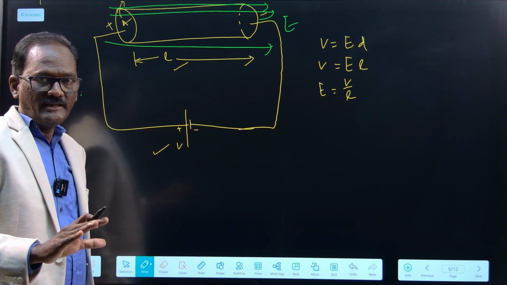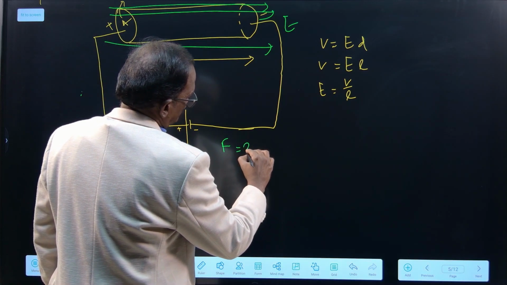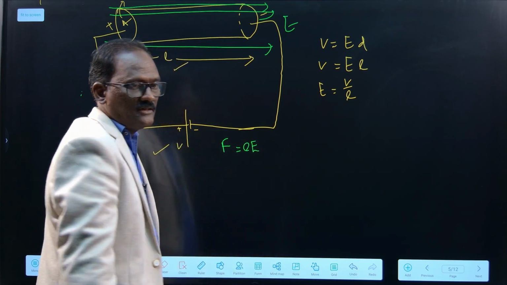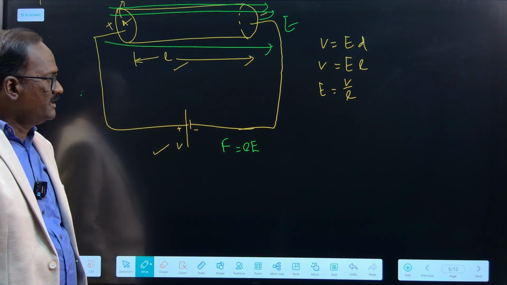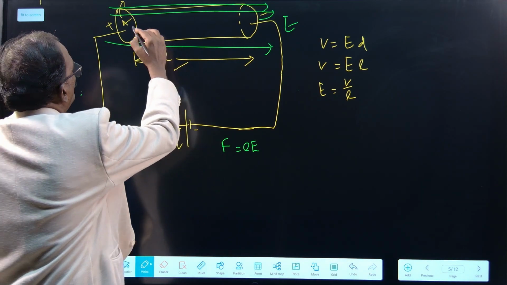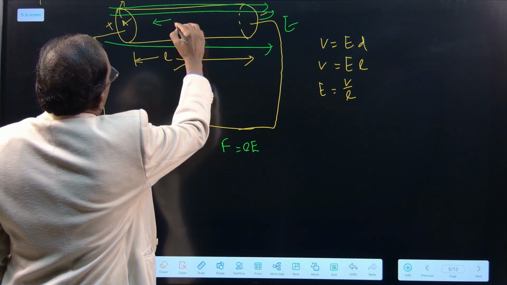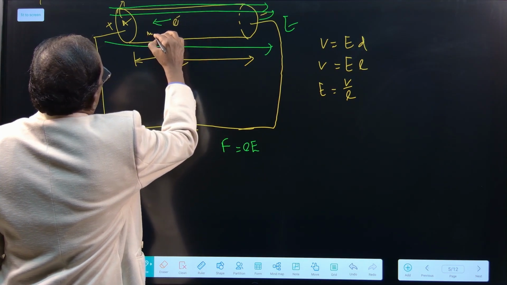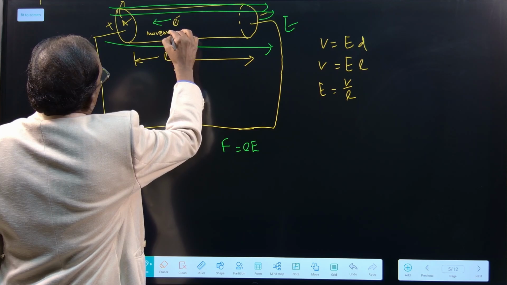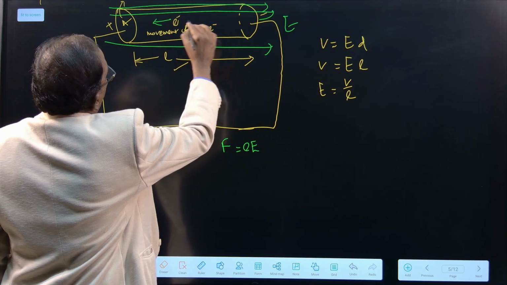Now E is applied. The same Coulomb force will also come here. F is equal to qE. The free electrons will move against the direction of electric field. So this is the movement of free electrons.